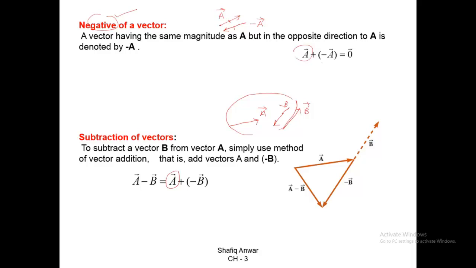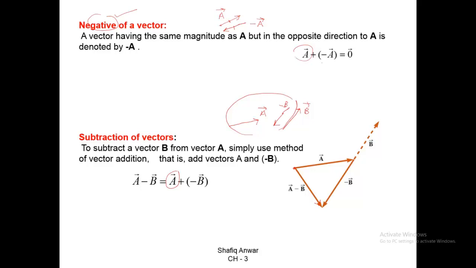Now here what we do, we bring the first vector a as it is. This is the a vector, I bring it here, and bring the beginning of the second vector, which is minus b, at the end of the first. This is minus b here. So join the beginning of the first to the end of the second.